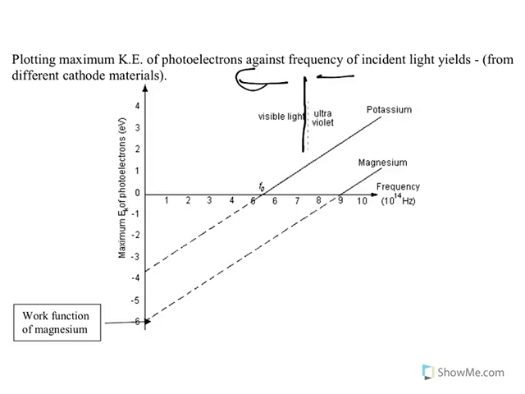Visible light's down this way, ultraviolet's up that way. You can see potassium and magnesium, two different ones, and they actually get a different line. From this you need a higher frequency of light for magnesium to start removing electrons than you do for potassium.